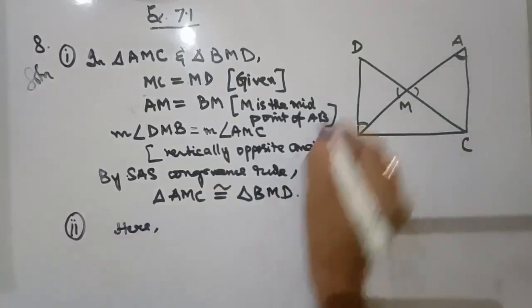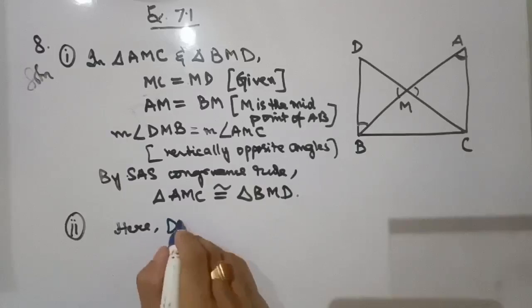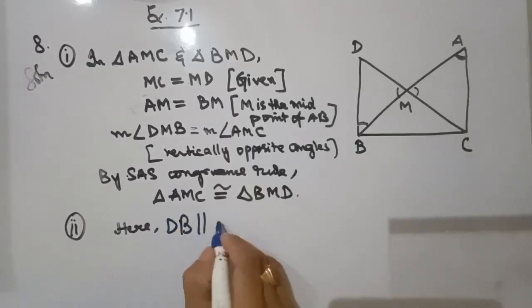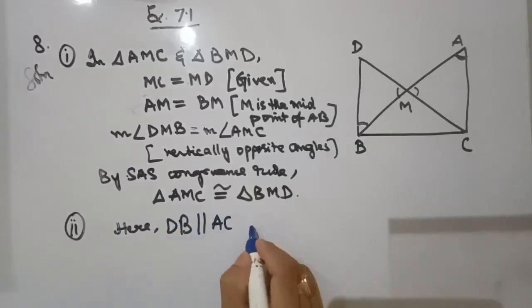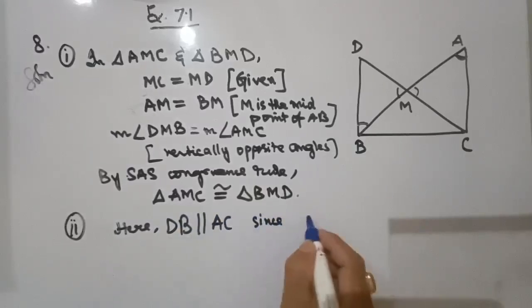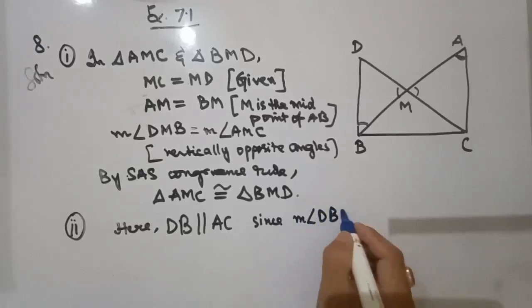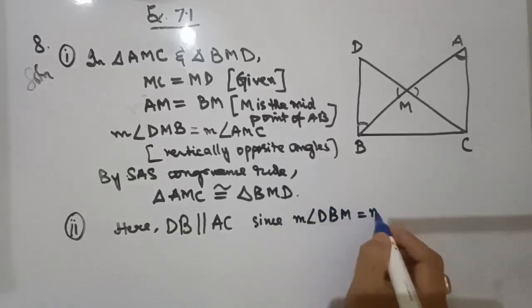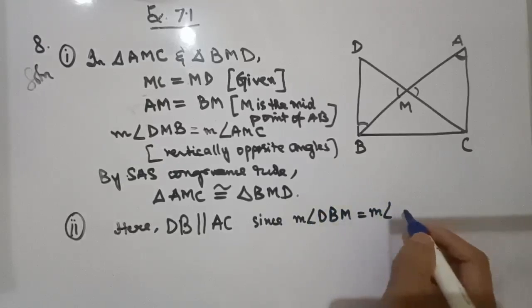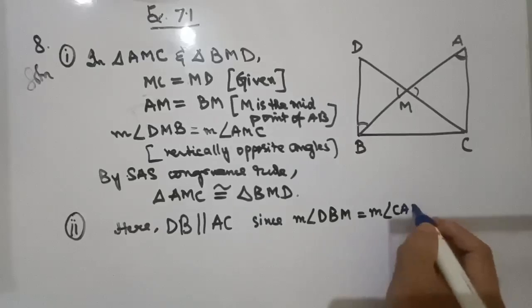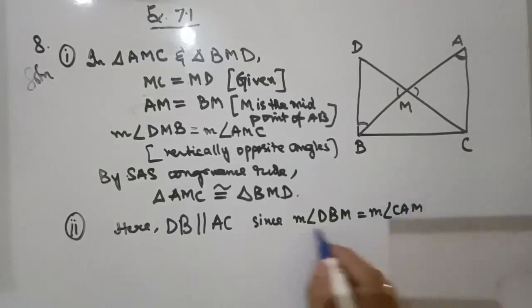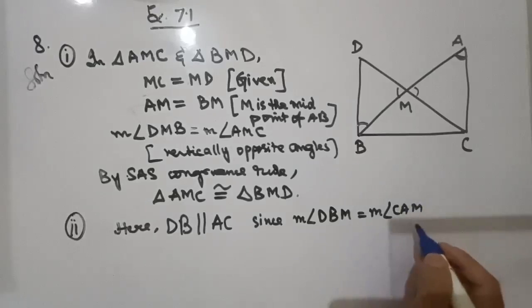So in Roman number 2, here side DB is parallel to side AC, since measurement angle DBM is equal to measurement angle CAM, and these two angles are the alternate angles.